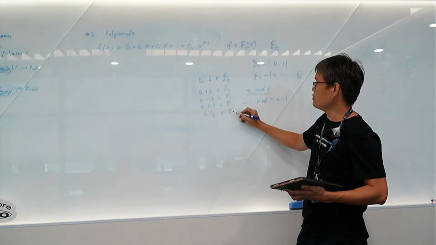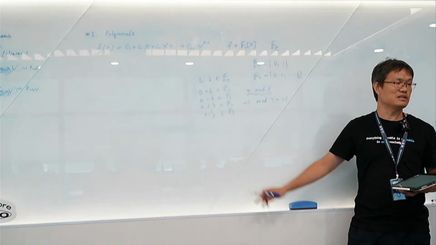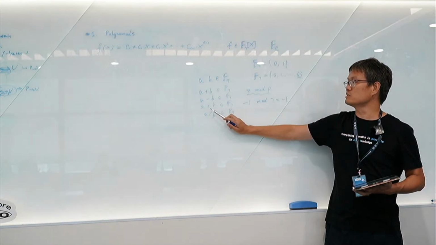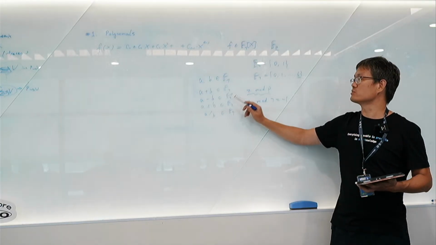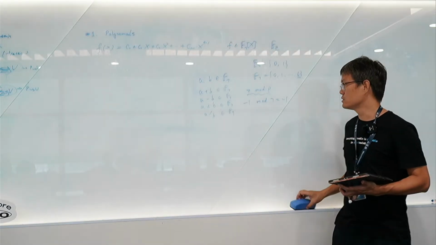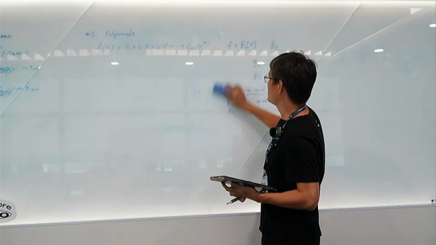So the prime field has such a very nice property that if we do addition, subtraction, multiplication, and also division, we also get a result inside F7. So it's arithmetic closure. Okay, so it's very good.